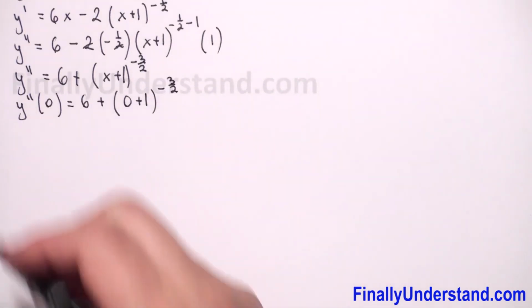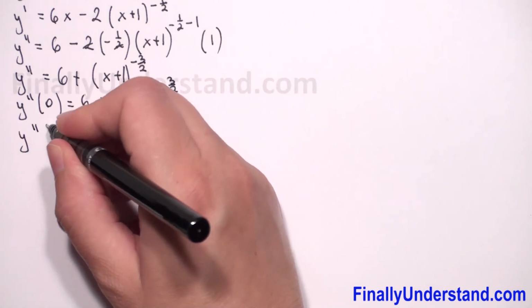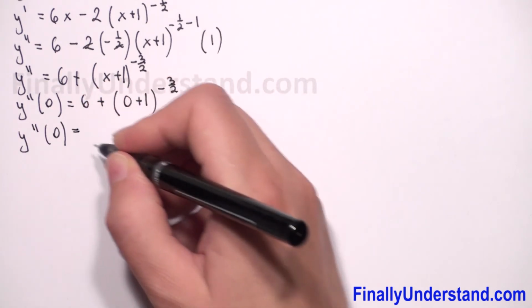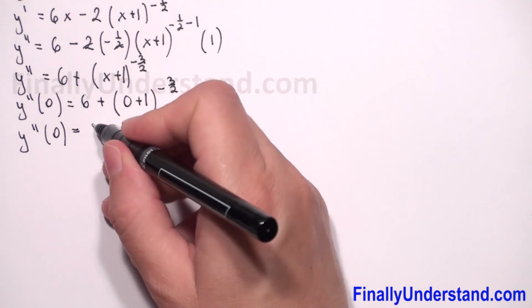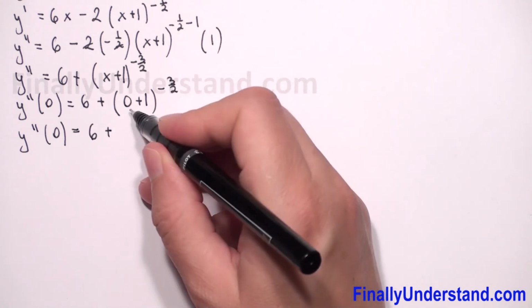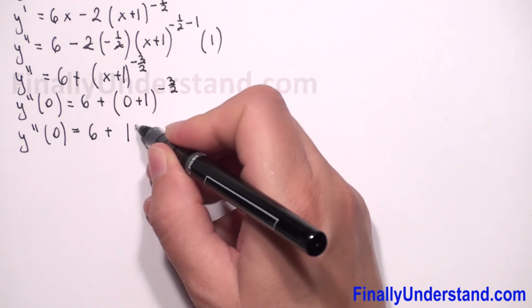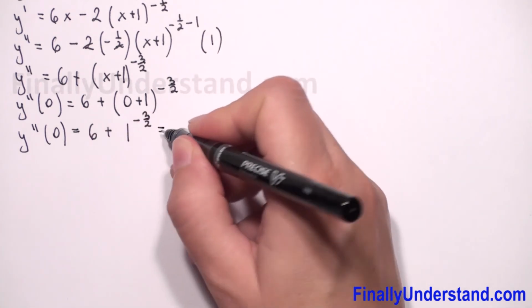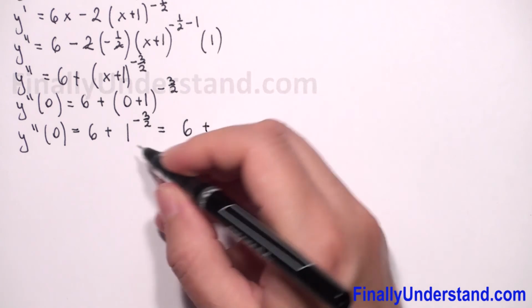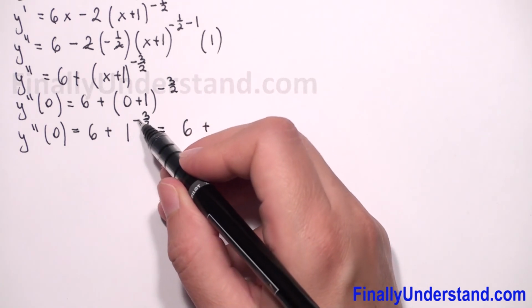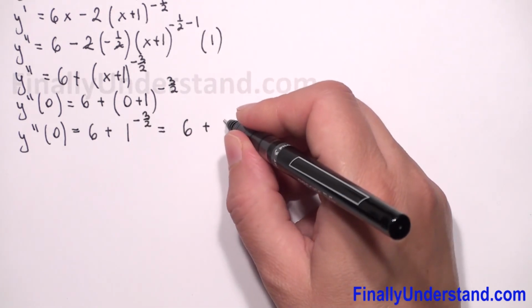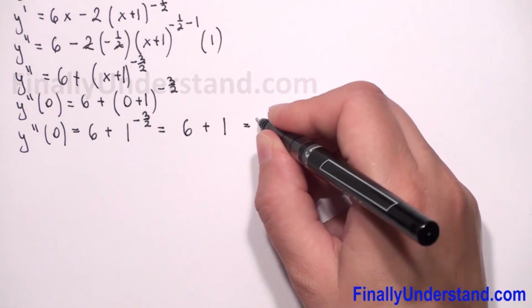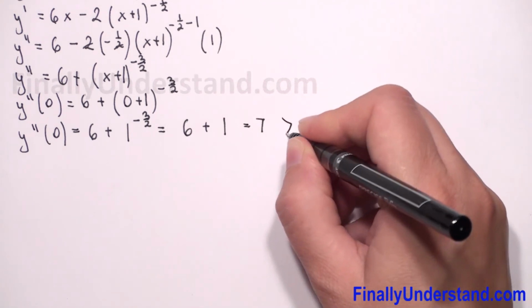So y double prime of 0 is equal to 6 plus 1, because 1 to the power negative 3 over 2 is still 1. So we have 7. We got a positive value.